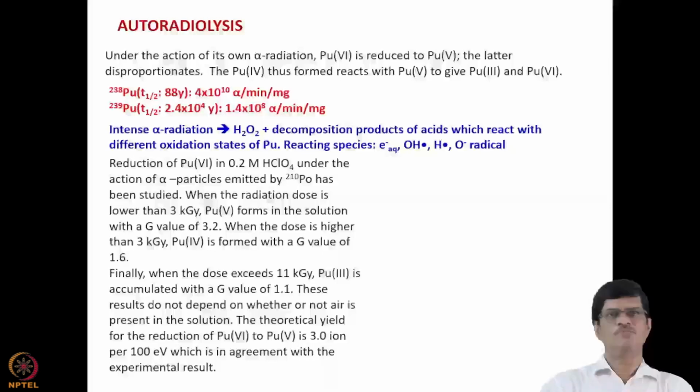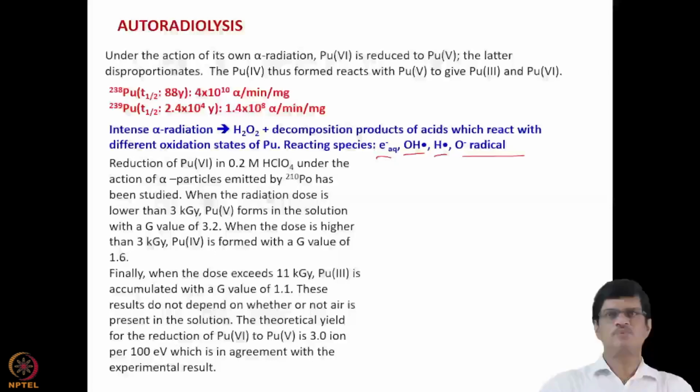So because of this intense alpha radiation, there is going to be radiolysis of water, which forms species like hydrogen peroxide and also species like hydrated electron, OH radical, H radical, O minus radical, and also O2H, which also gives different products which can oxidize or reduce the plutonium ions.